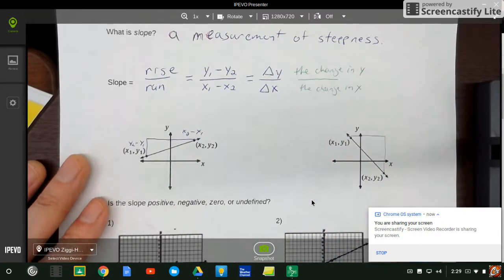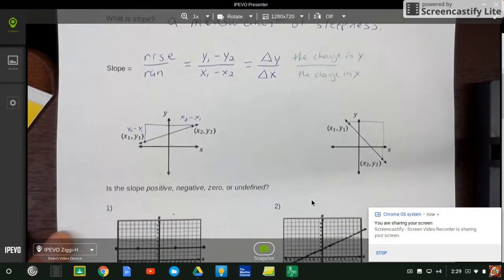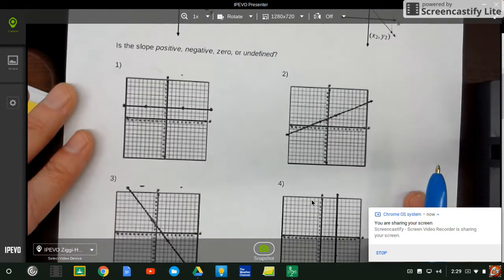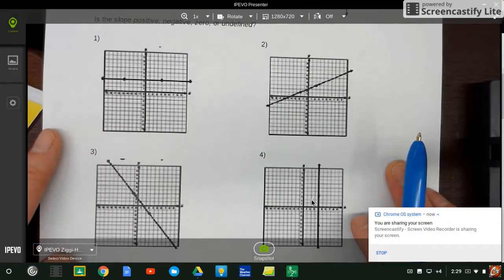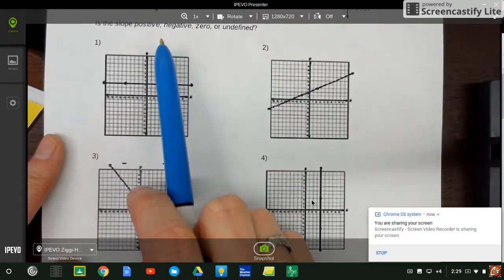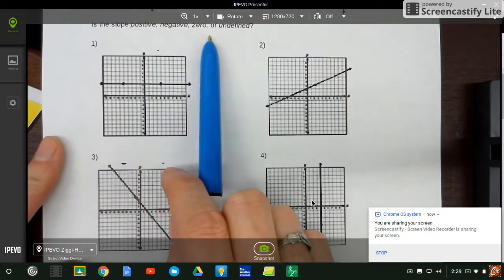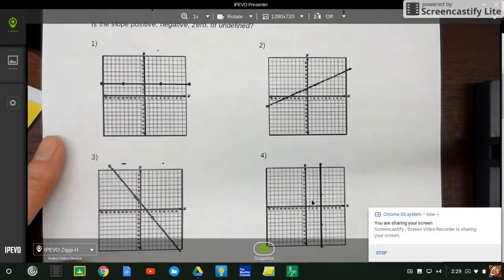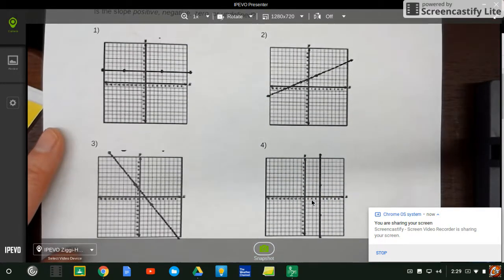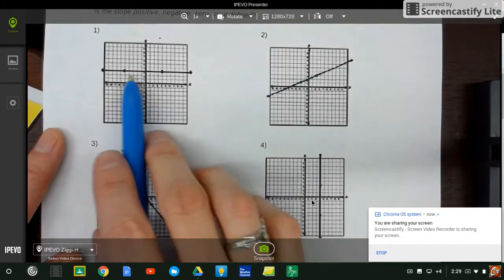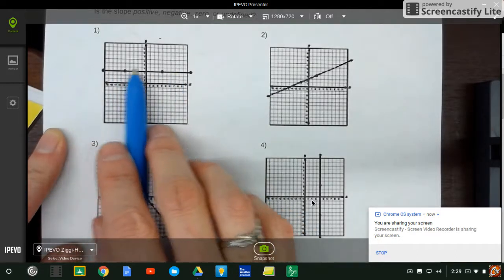Let's see what you remember about slope. Here's what I want you to do. Take these four graphs and tell me, is the slope of the line positive, negative, 0, or undefined? Based on these four graphs, 1, 2, 3, 4. You've seen that this one here is a flat line.